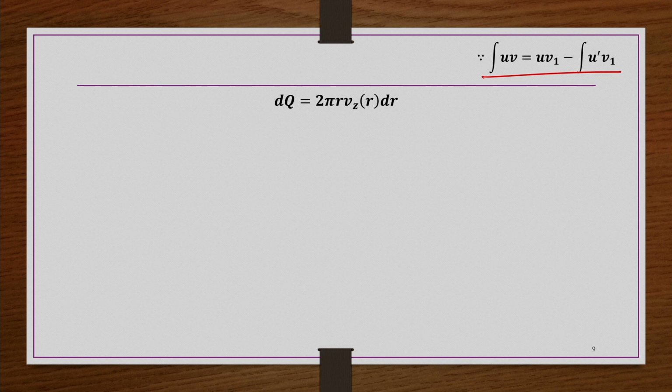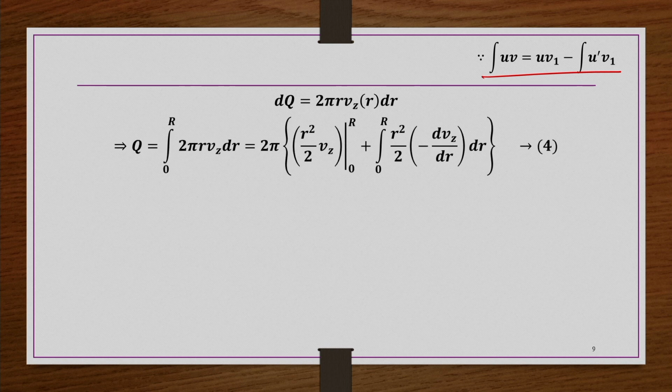Now when you integrate this equation, you use the integration by parts rule: integral of u v equals u v1 minus integral of u prime v1. Here 2 pi is constant. The integration of r is r square by 2, and Vz we keep as it is, then minus the integration of r, again r square by 2, times the differentiation of Vz, which is dVz by dr. I am taking this minus and writing plus here, because minus dVz by dr is nothing but gamma dot rz.